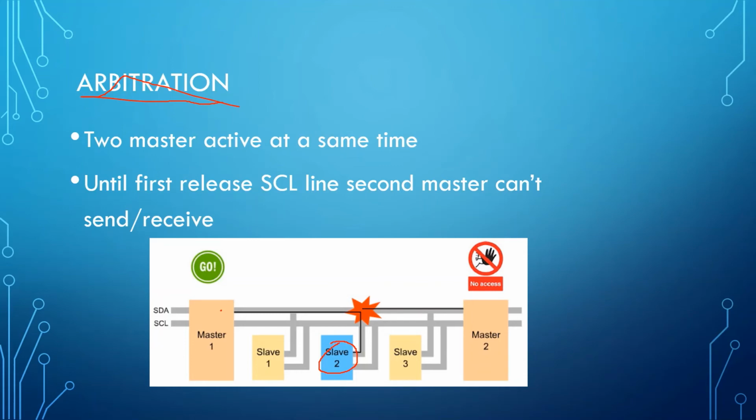If master 1 finishes its data, then and only then can master 2 connect to slave 2 and send or receive data from that line. And arbitration depends on the SCL line, means it happens on the master line until the second master can't send or receive.